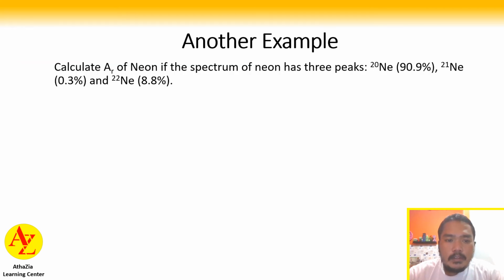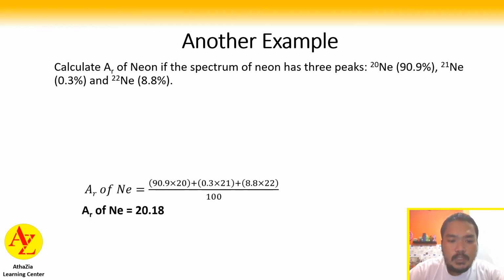Another example is neon. In the MS spectra, neon has 3 peaks: 20 neon has 90.9%, 21 neon has 0.3%, and 22 neon has 8.8%.